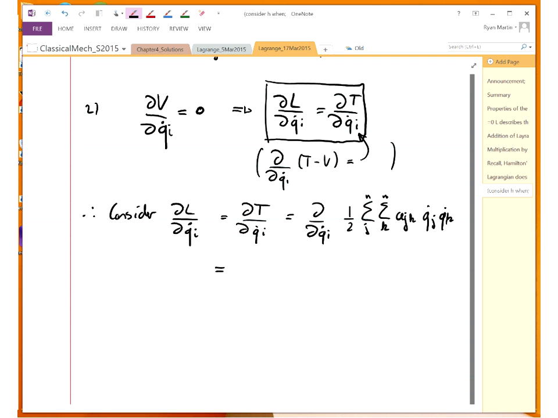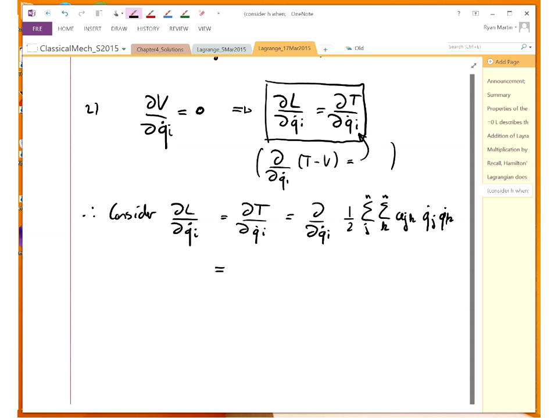So let's say the q_i is for x, so it's ∂/∂x dot equals a half of the sum, and then inside the sum, the q_J is going to at one point equal x dot, and the q_K is at one point going to equal x dot. And so when I take the partial derivative with respect to x dot, I'm going to pull out the specific term where the J or the K is equal to I.